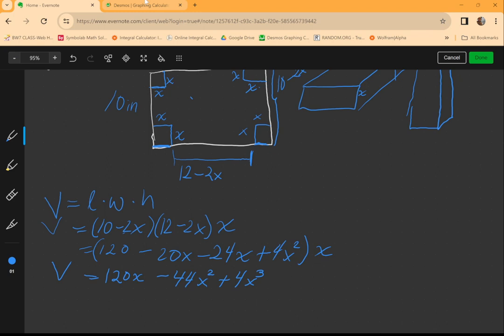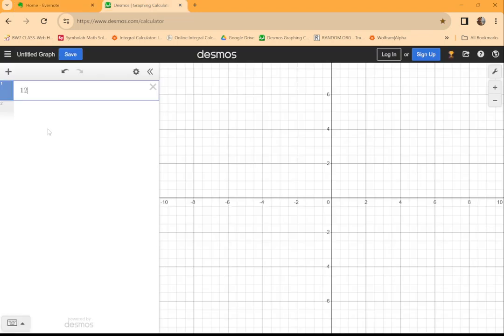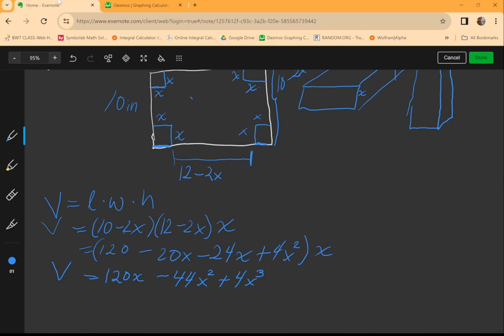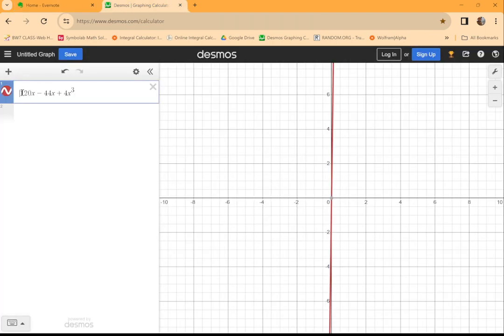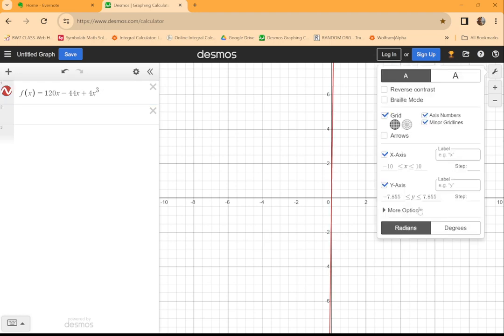All right, and I'll graph 120x minus 44x squared plus 4x cubed. Okay, so here, let's adjust here. So we're not really seeing it.